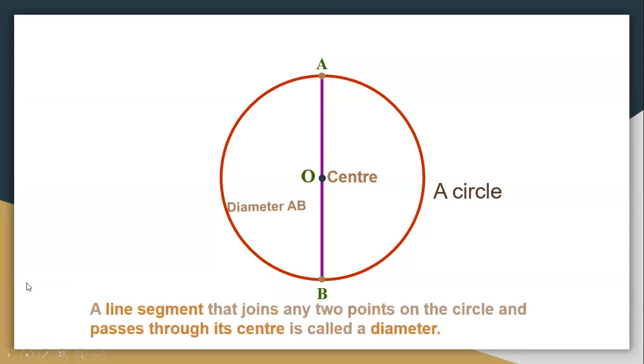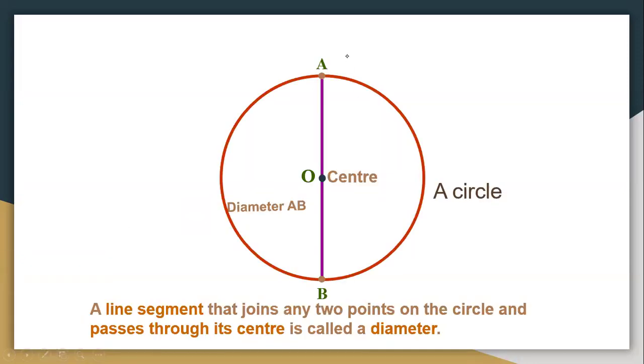When we talk about a diameter, it means a line segment that joins 2 points of the circle, but it must pass through the center. So any line that you draw, when it is passing through the center, is what you call the diameter. It can be in any form.